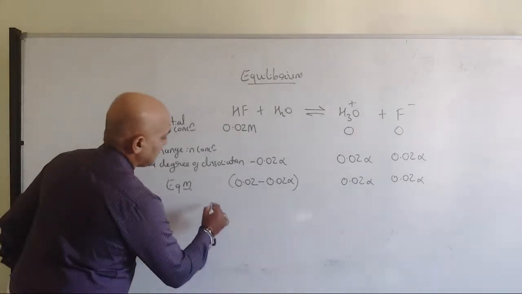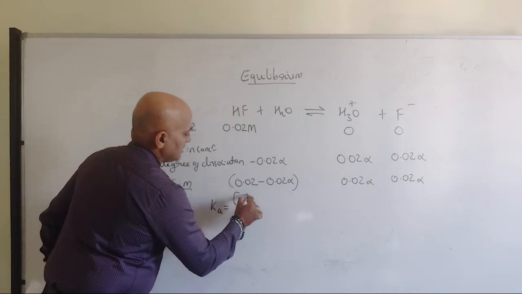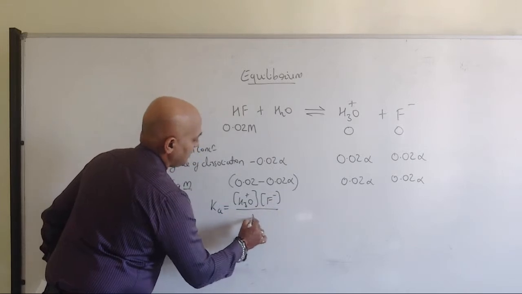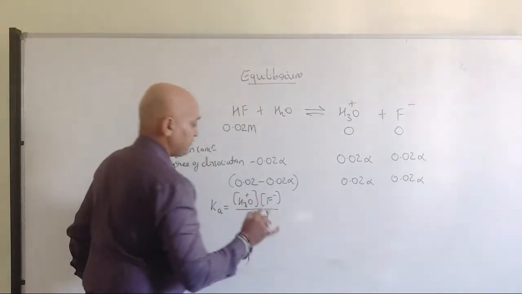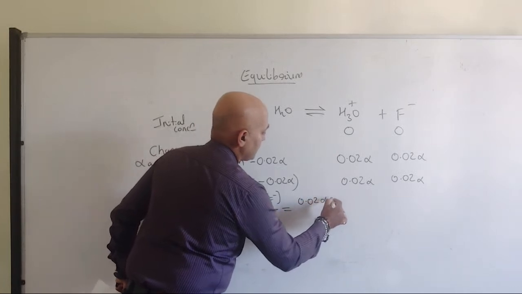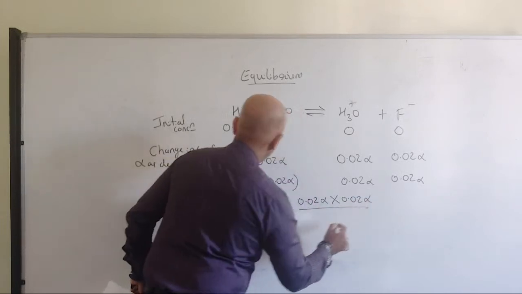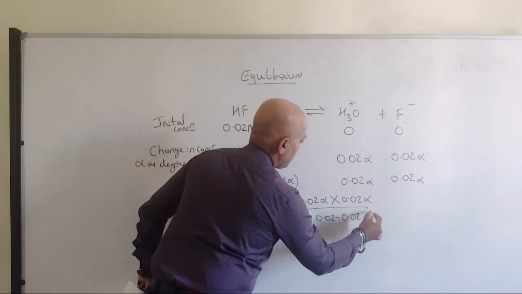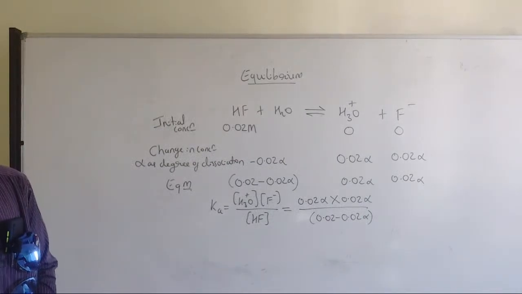Now we can write Ka is equal to H3O plus concentration times fluoride concentration divided by hydrogen fluoride concentration. Water we are not going to consider, it is a liquid. So it is 0.02 alpha multiplied by 0.02 alpha divided by 0.02 minus 0.02 alpha. All of you got the point? Any doubts up to here?